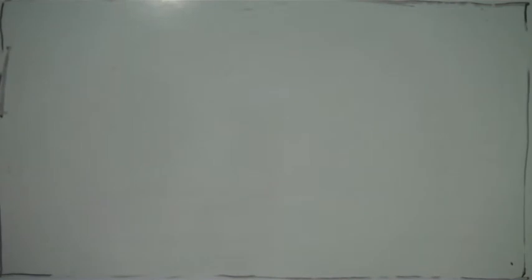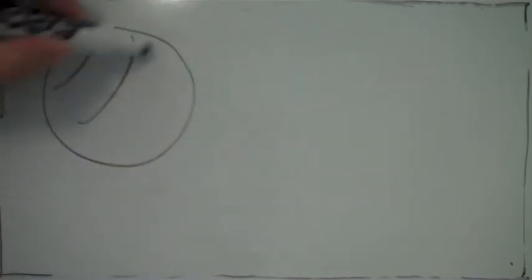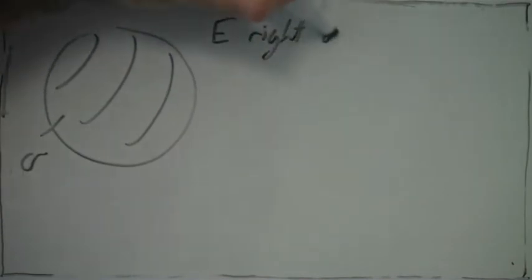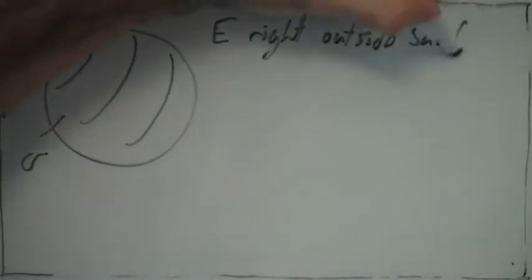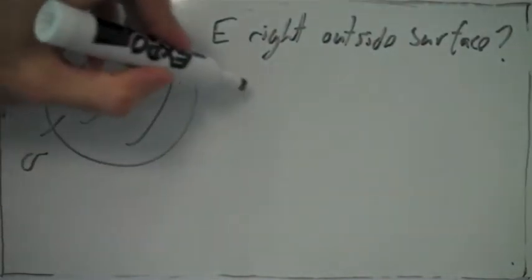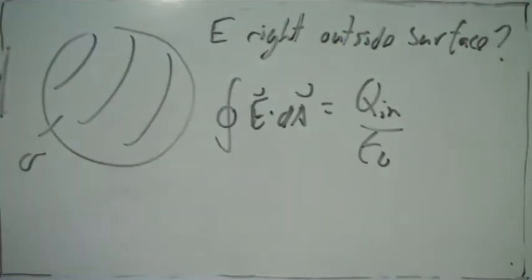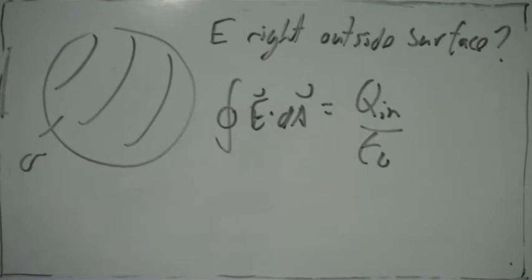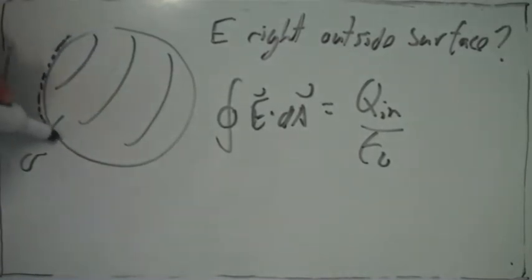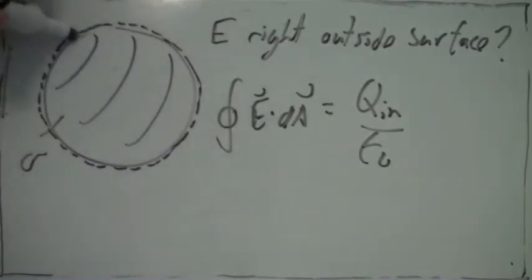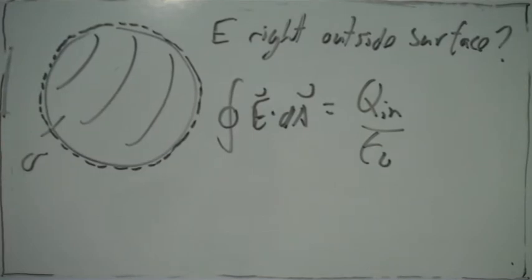So let's look at just the first of these objects, a solid shell with no hole. It has a surface density sigma. So the electric field right outside the surface, what is this? It's given by Gauss's law. To apply Gauss's law, we just draw a Gaussian surface just outside the surface of the shell.